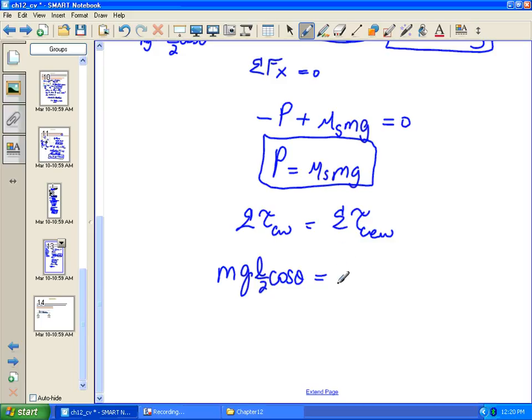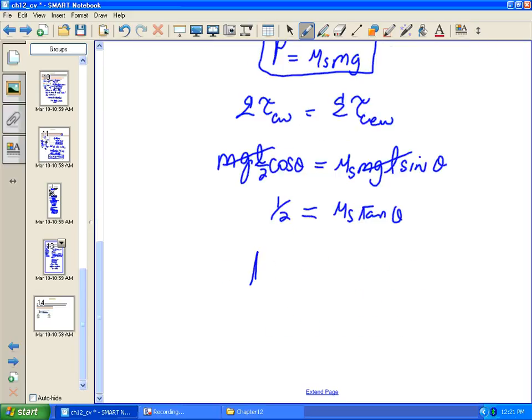P times L sine theta, but P is mu s mg times L sine of theta. We can cancel mgL, and if we divide both sides by cosine theta, we have mu s times the tangent of theta equals a half.